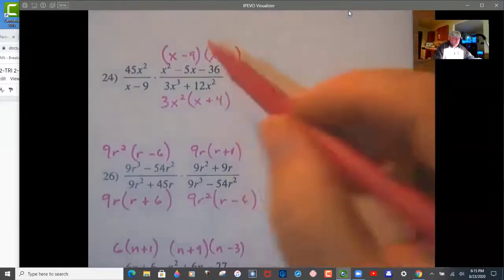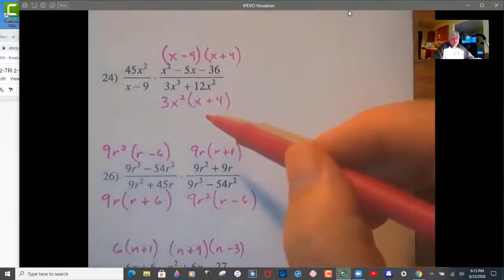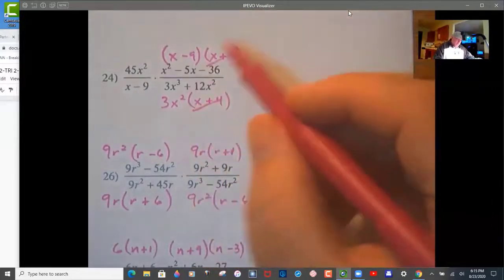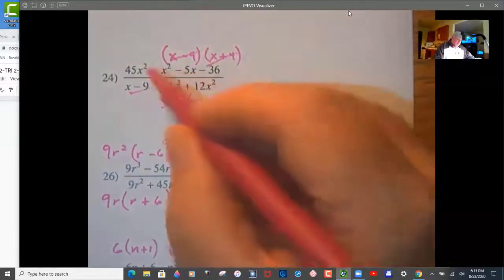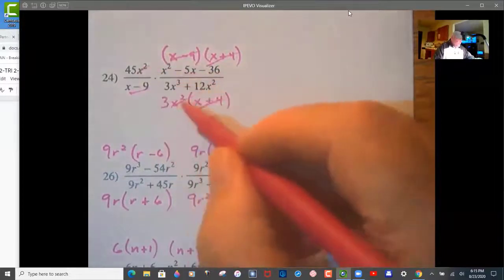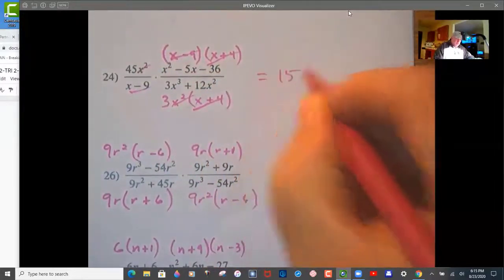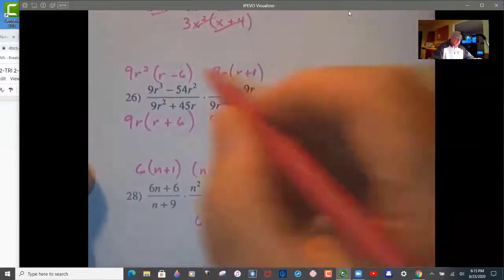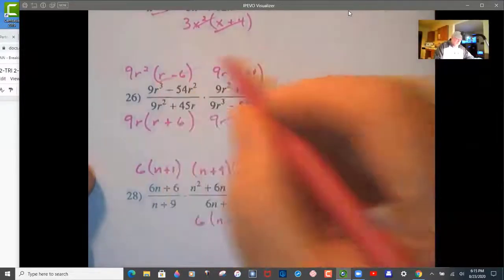24, so here's the factoring. Again, you need to do that before you go any further. So x plus 4, and the x minus 9s go away, the x squareds go away. 45 over 3 leaves you 15. And then 26, we have r minus 6.